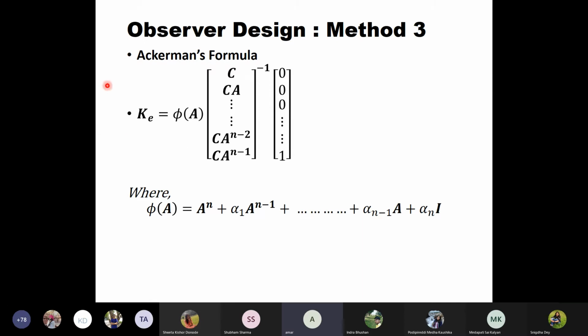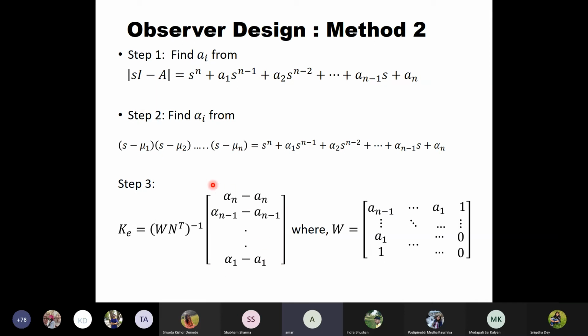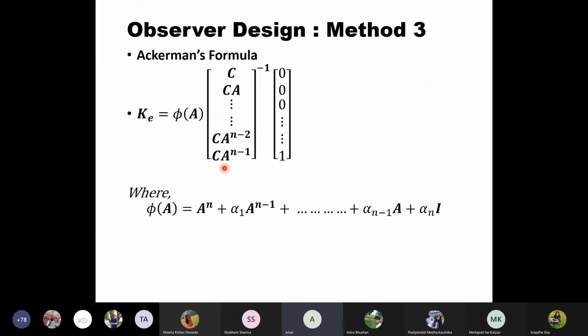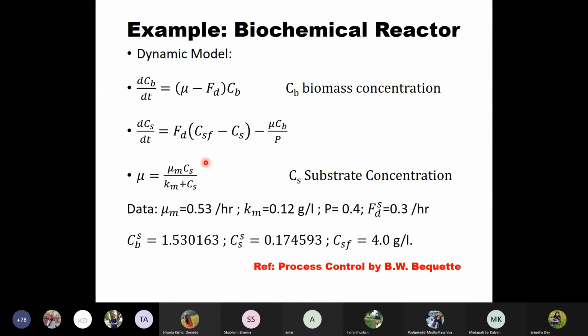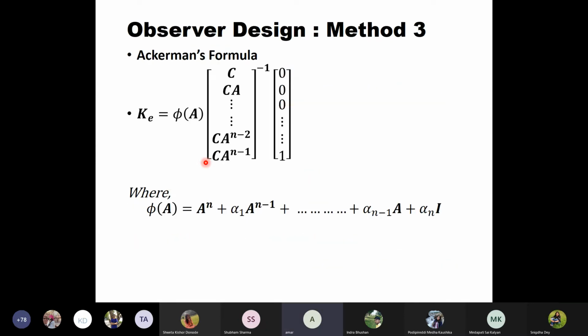And finally, we land up to these equations, the Bass-Gura equations and the Ackermann's equations. Okay. So this is in essence basically the observer design. Before I go to the example, do you have any questions on this?